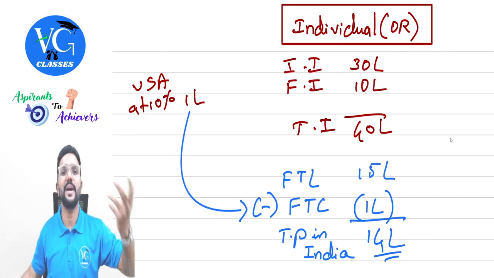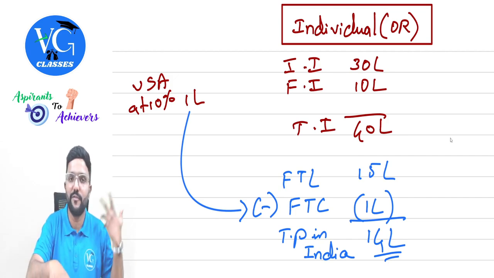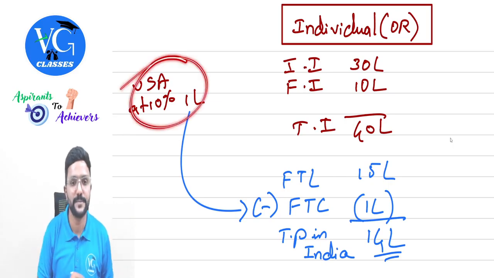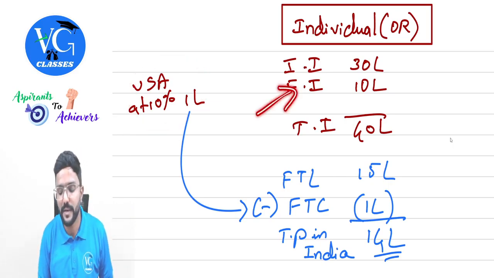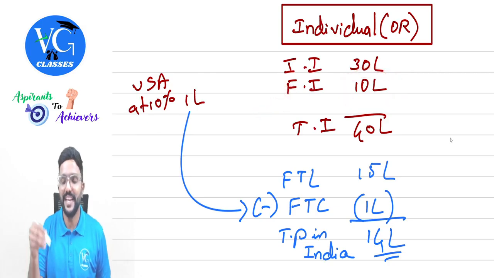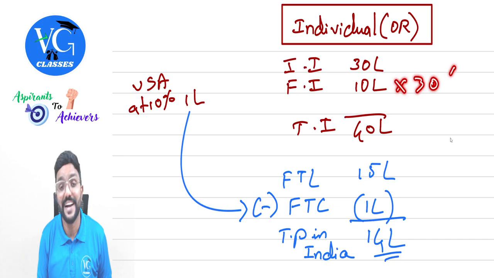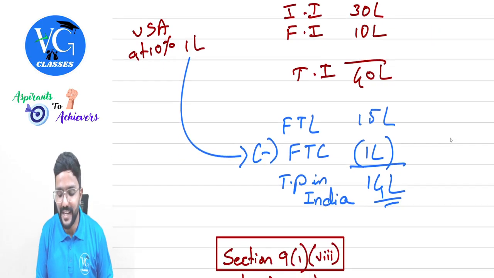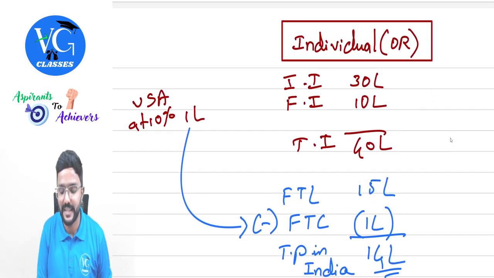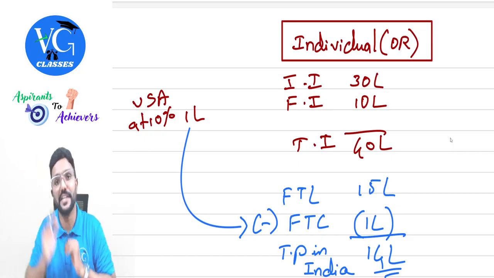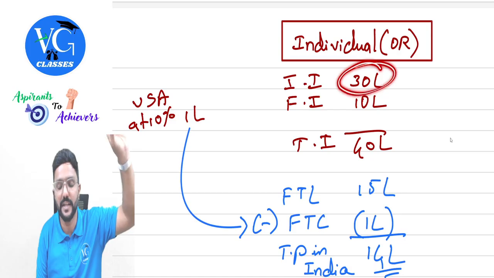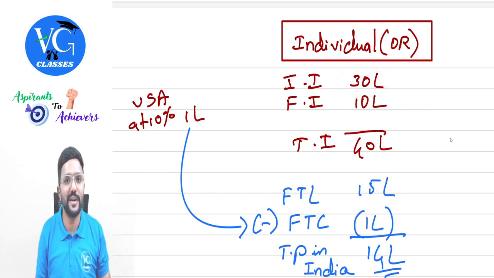Is that clear? Sir, why are they doing this? See, guys, in a foreign country you might be paying less tax. By including this income in the total income calculation, in India they may tax it at a higher rate. So while calculating 15 lakh, you would have calculated tax on 10 lakh at what rate? Highest rate. Why, sir? Because the Indian income of the person is already more than 24 lakh, or already getting taxed at 30%. Yes, sir.